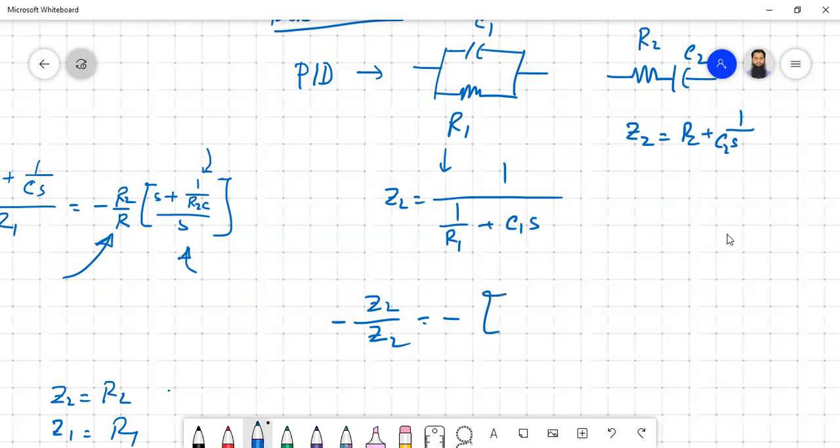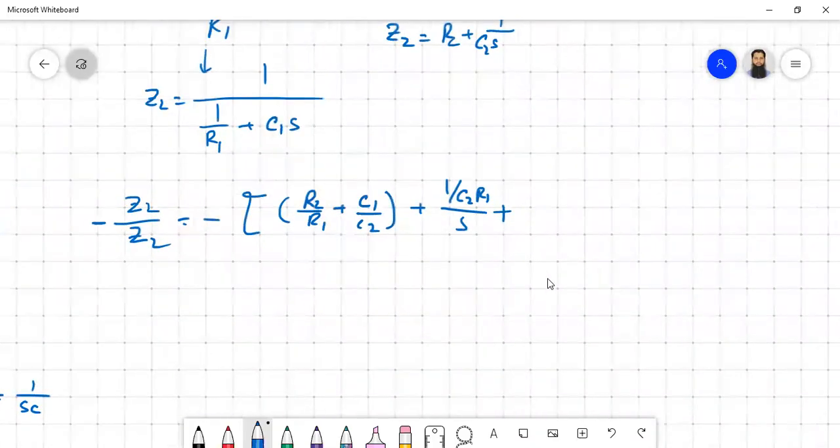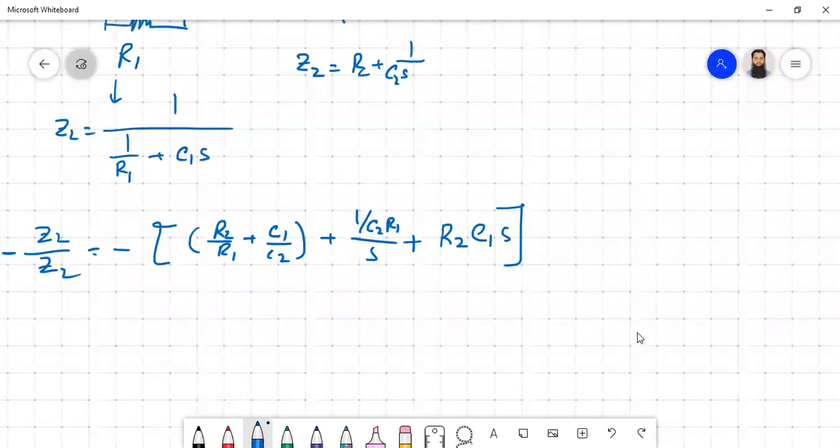So what we are going to get here is, the final one: R2 by R1 plus C1 by C2 plus 1 by R1C2 S plus R2C1 S. From the last class, this is your PID controller.